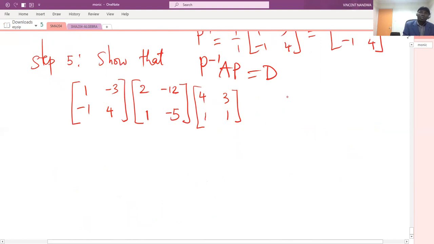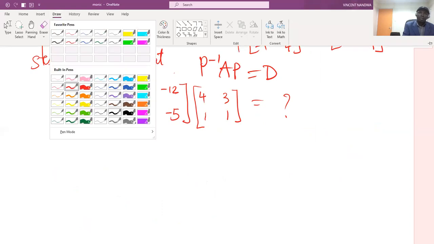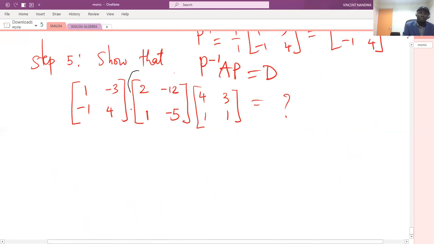So what does this one equal? Let's start by doing the multiplication at this point.